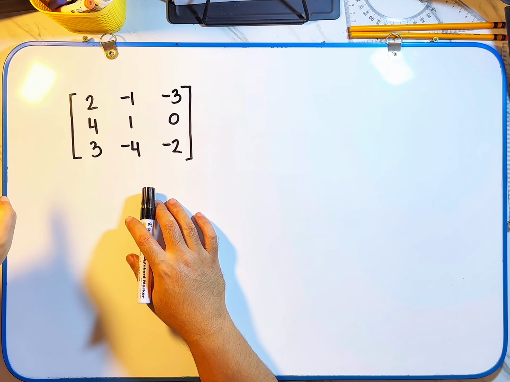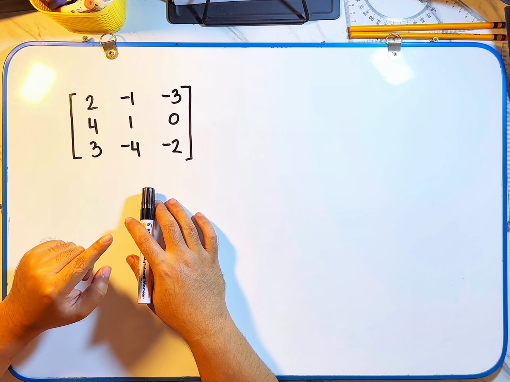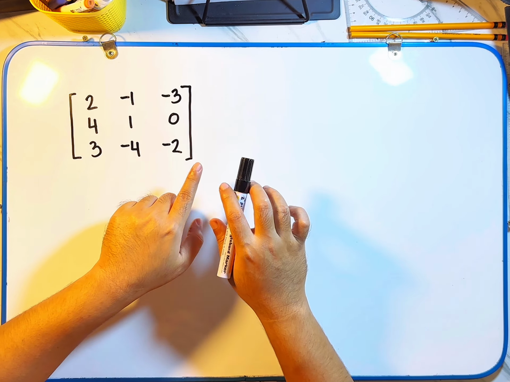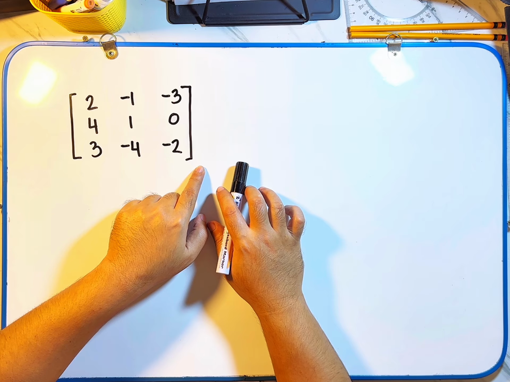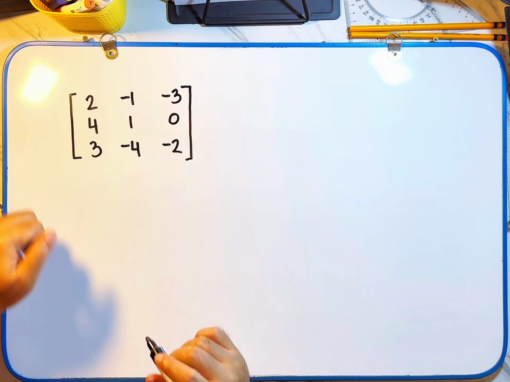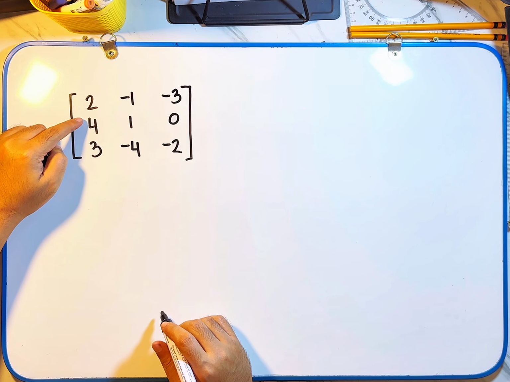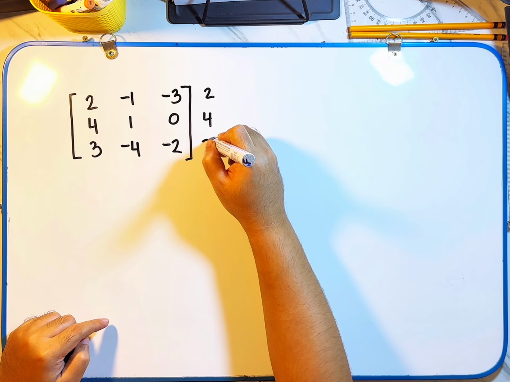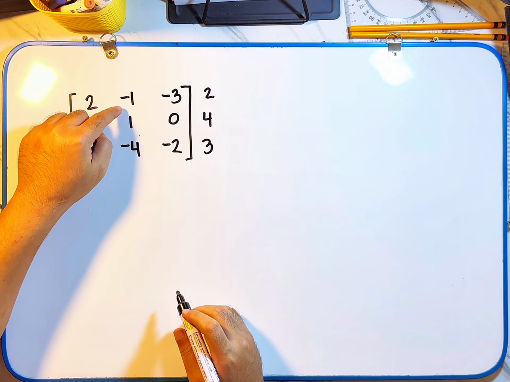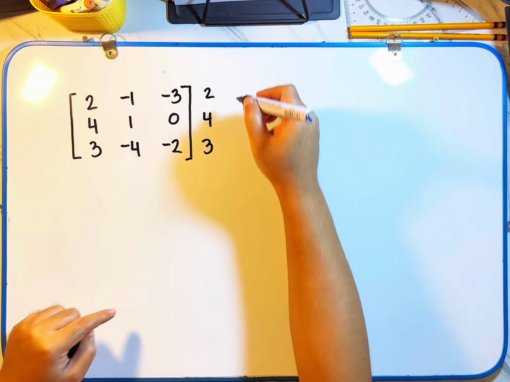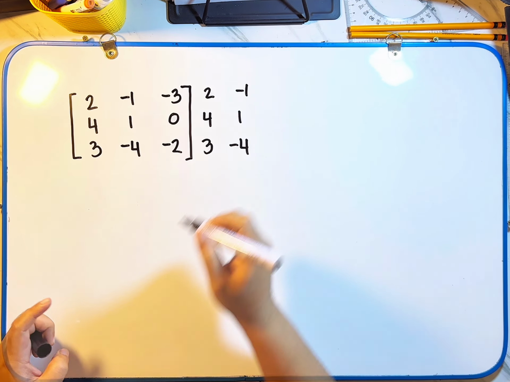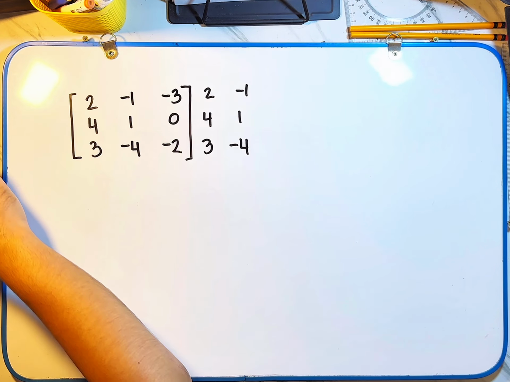Before we go to the basket method, there's one more step that you have to do, which is we have to copy the first two columns outside of the matrix to the right. Okay, so the first column is 2, 4, 3. And the elements in the second column are negative 1, 1, and negative 4. Now we can perform the basket method.